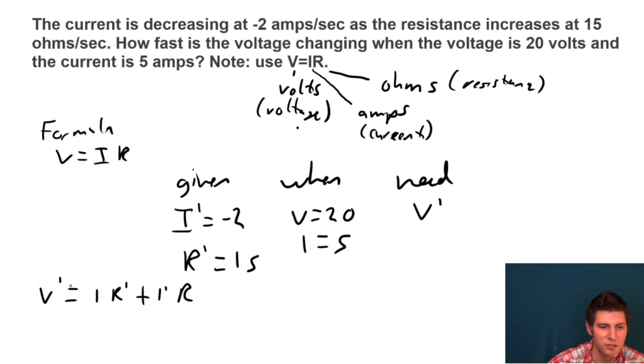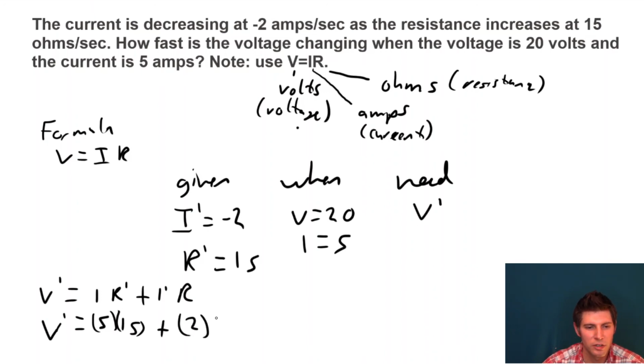So let's plug in values. So we need V prime, so we're solving for this one, equals I is 5, R prime is 15, plus I prime is -2, and so we don't know R. So in order to get R, we're going to have to do V equals IR to solve for our missing variable.